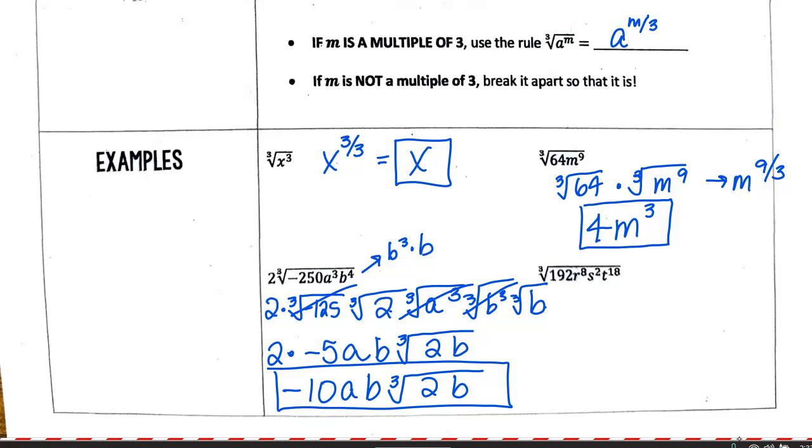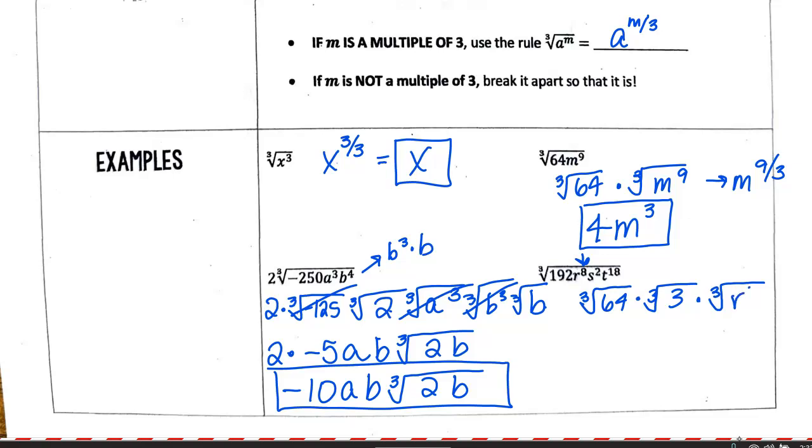All right, let's look at our last one. First, we're going to simplify 192. That is the cube root of 64 times the cube root of 3. And then 8 is not divisible by 3, so we're going to break it apart so we have something that is. So we can't add, but we can take away.